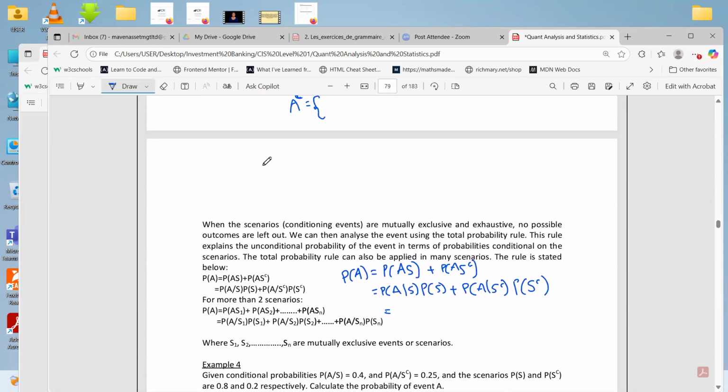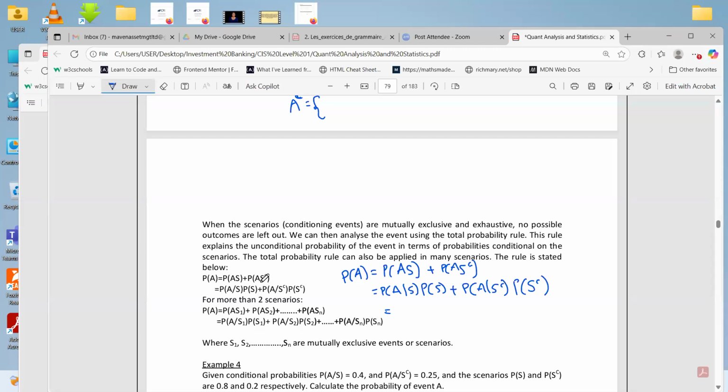So look at this. For your total probability, it is given by the formula probability of A and S plus the probability of A and S complement. That is what the formula gives us. Are we clear on that? Hello, are we clear on that? Yes, sir. All right.